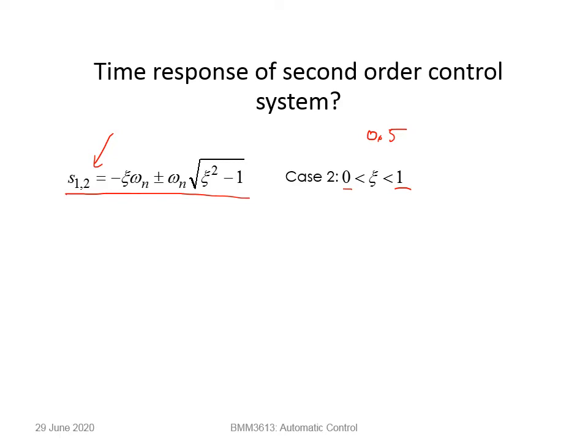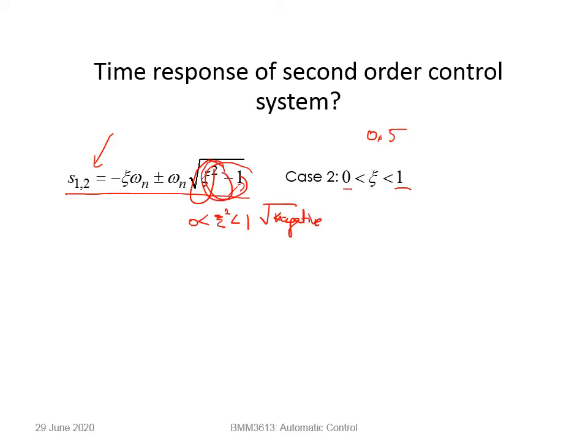So what happens if it's between 0 and 1? We know that zeta is between 0 and 1, so zeta square will also be between 0 and 1, which means it's smaller than 1. So if we do minus 1, then the value in the square root becomes negative, because zeta square is smaller than 1.